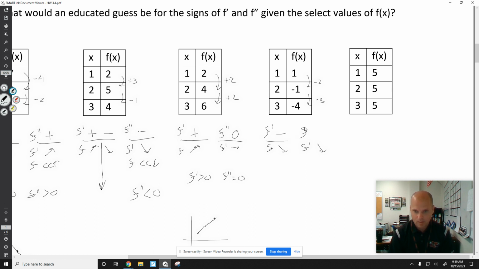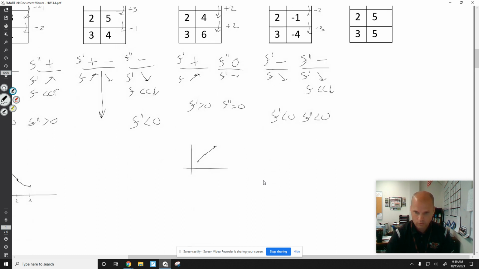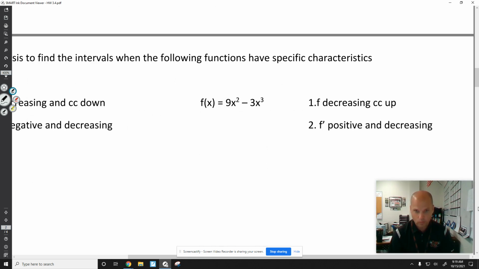That means F double prime's got to be negative. F's got to be concave down. So F prime is negative, F double prime is negative. If you wanted to, you could graph 1, 1, 2, negative 1, 3, negative 4.